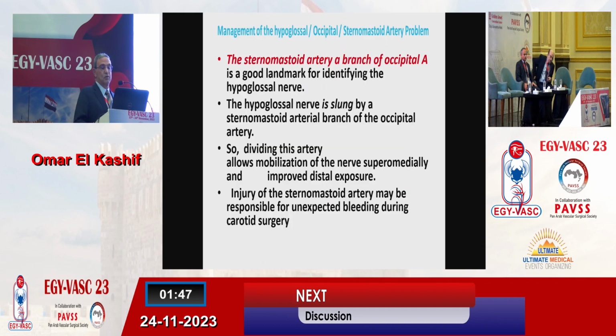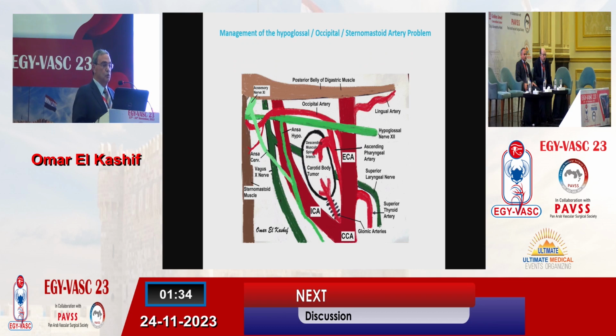The sternomastoid artery should be found. This sternomastoid artery is a small branch from the occipital artery going to the sternomastoid muscle, and this is very important because it has a relation to the hypoglossal.